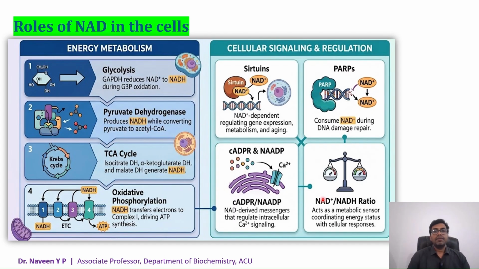And also very importantly, the NAD to NADH ratio is very important because many of the enzymes of glycolysis and many of the enzymes of the citric acid cycle are regulated by the concentration of NAD or NADH, because NAD acts as a stimulator for various catabolic enzymes. So the ratio of NAD to NADH serves as a key component to either activate or reduce the activity of various catabolic and anabolic pathways.